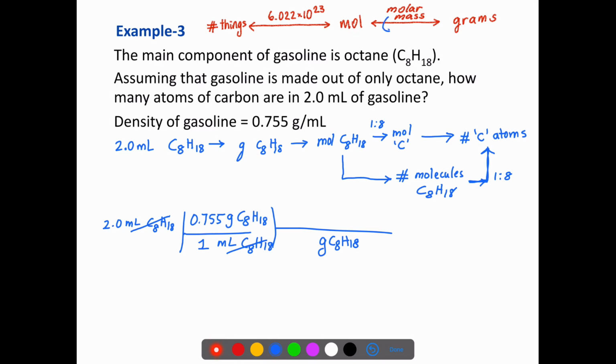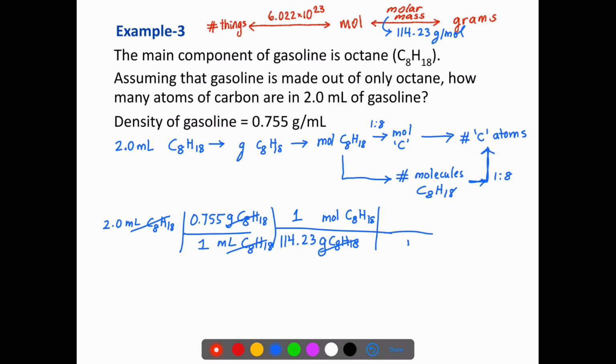And if you calculate the molar mass of octane, I got it to be 114.23 grams per mole. So grams to moles of octane, 1 mole weighs 114.23. We used the molar mass. So grams cancel out.